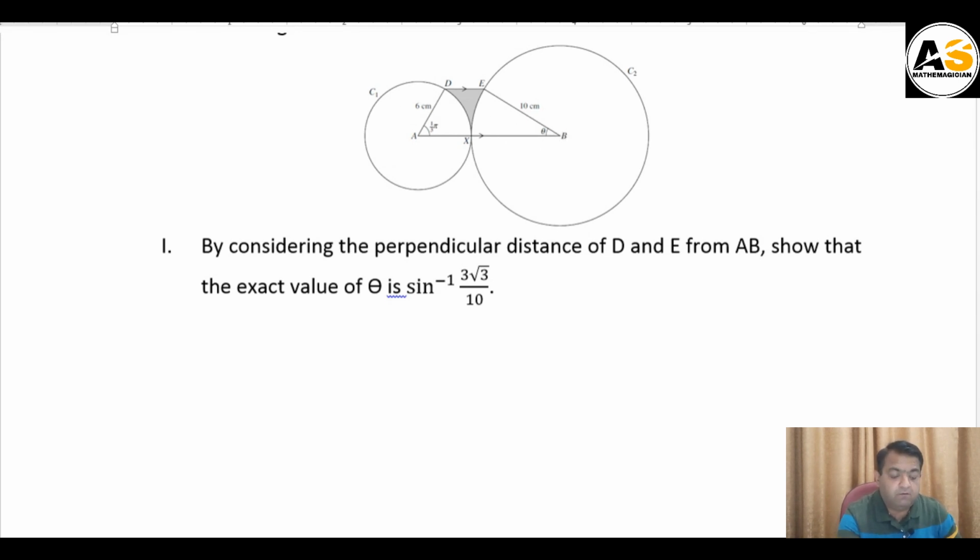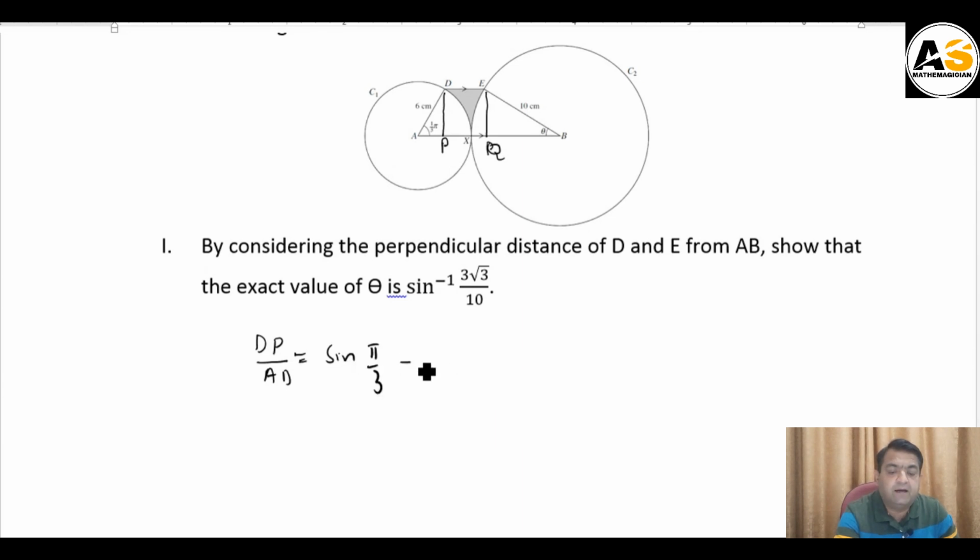For that, I will draw a perpendicular from D to AB, which meets AB at point P, and a perpendicular from E to AB, which meets AB at Q. From this triangle, I can write DP over AD is equal to sine pi by 3.